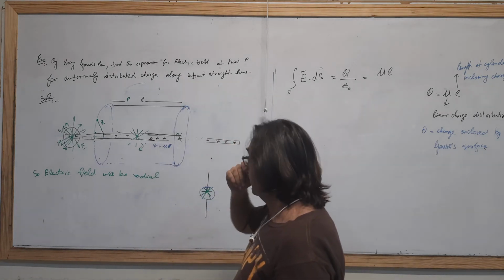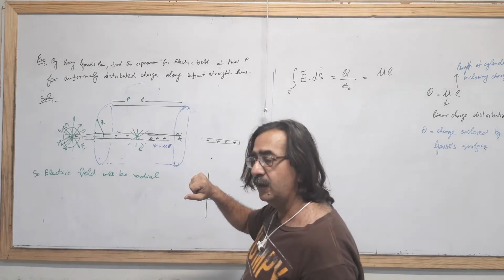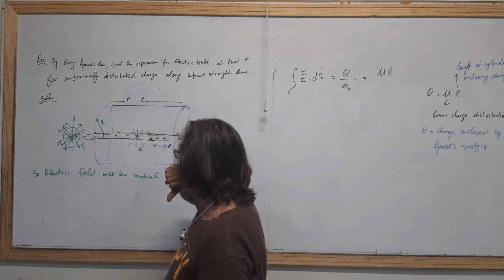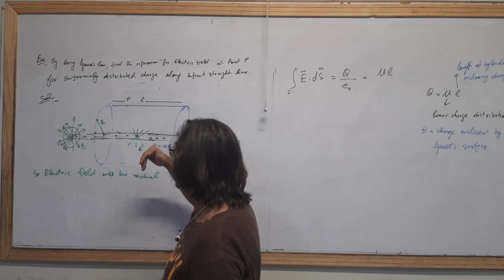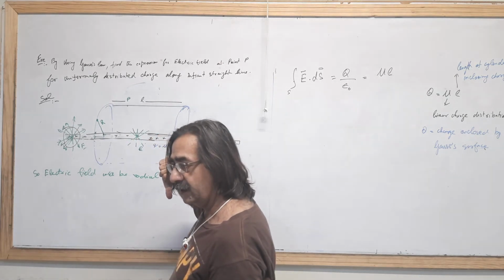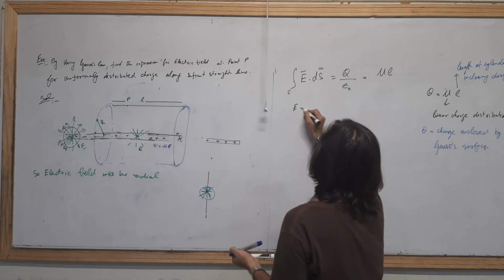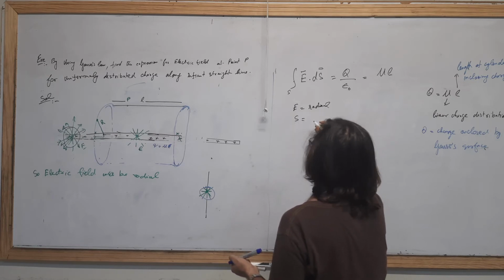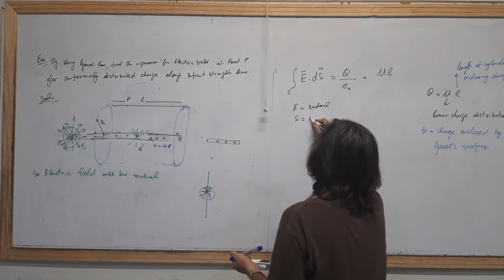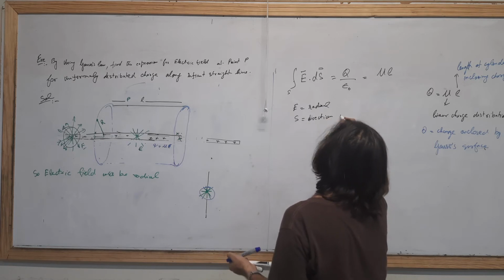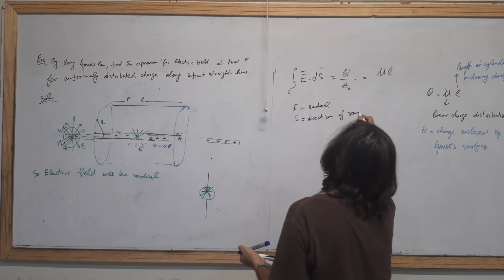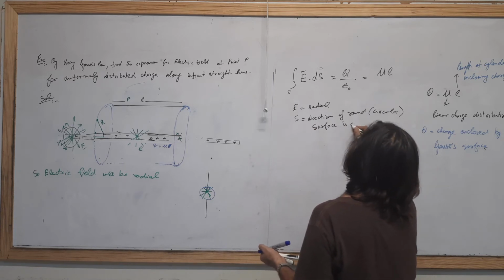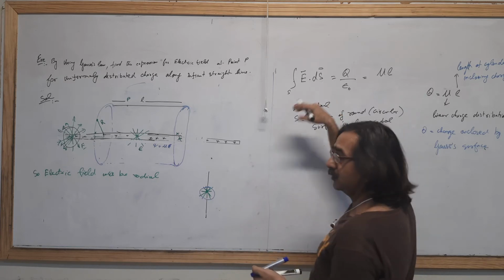The angle will always be zero. E is radial, outward, and the direction of the round, that is circular, surface is also radial.